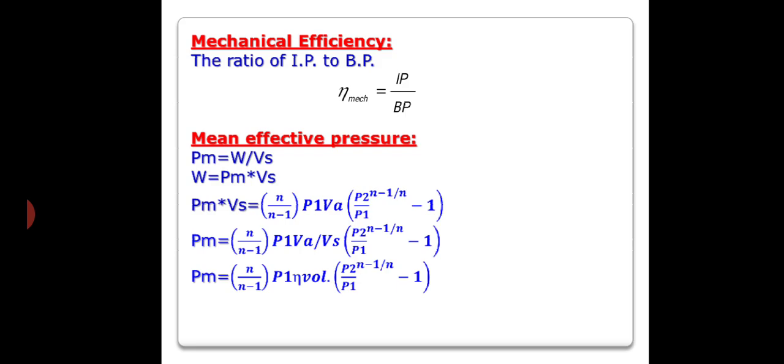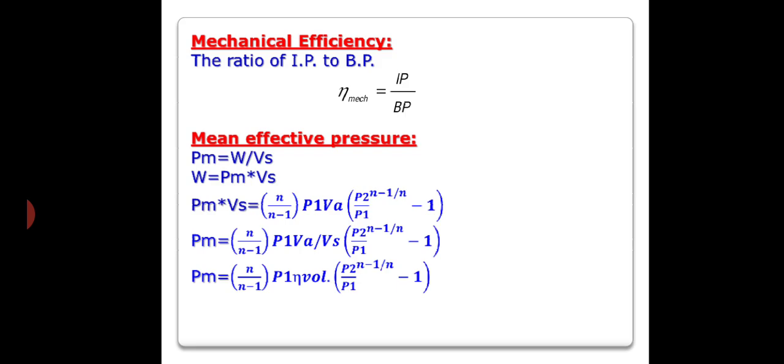So as per the process, work is N upon N minus 1 P1 into VA, where VA is the actual volume sucked inside the compressor, into (P2 upon P1) raised to N minus 1 upon N, minus 1. So this is the work done we have found, and so Pm, the mean effective pressure, we are finding that N upon N minus 1 P1 into VA upon Vs.